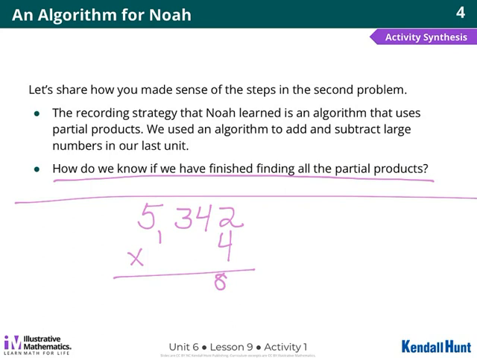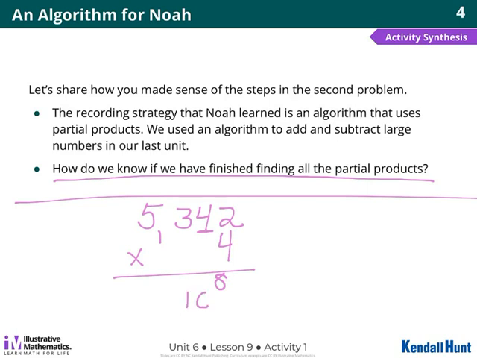Then he moves on to the tens. And we have a 4. But guys, that's not a 4. What is it? 40. And he does 4 times 40. What is 4 times 40? 160.